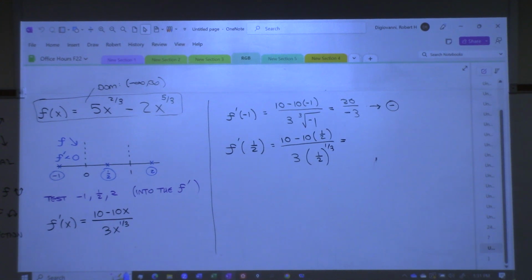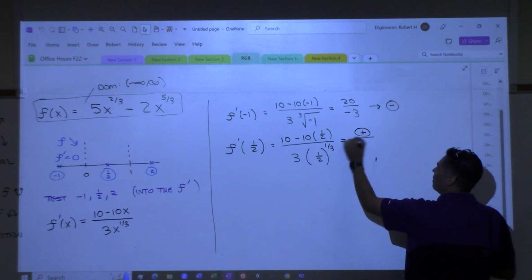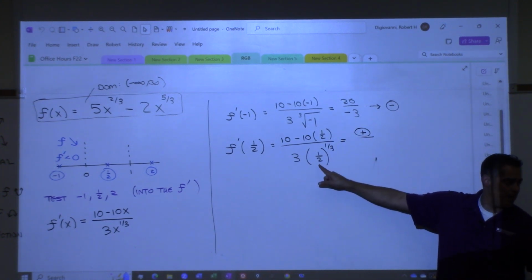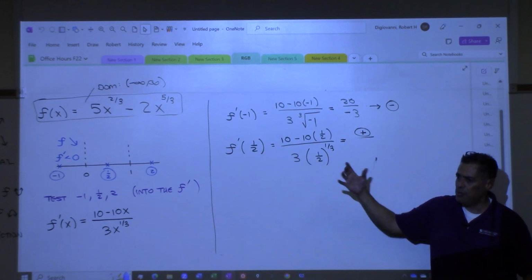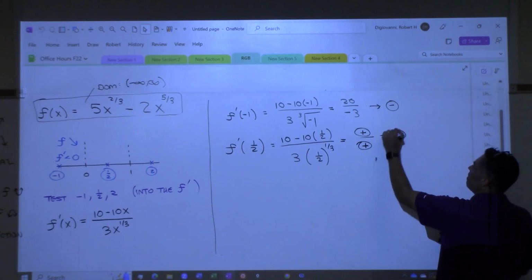It's positive, right? It's positive 5. We got that from half of 10. 10 minus 5 is 5. So you get a positive number on top, right? And on the bottom, if you take the cube root of a positive number, you should get a positive number, right? So 3 times the positive number should be positive. So again, I'm not really concerned about what I'm getting. I'm concerned about whether or not it's positive or negative.